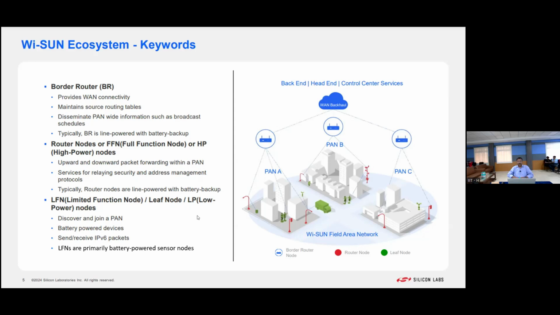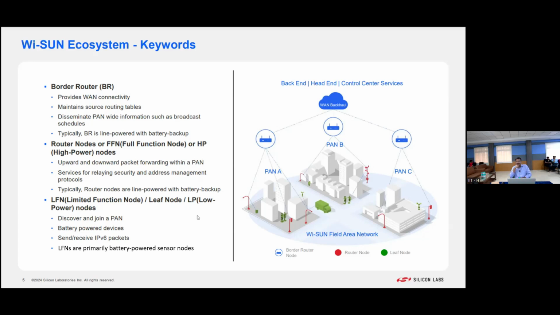They follow IPv6 packets, send and receive. Then the PAN is the personal area network, where in a city you have different parts like PAN A, PAN B, PAN C, and each PAN consists of leaf nodes, in green.